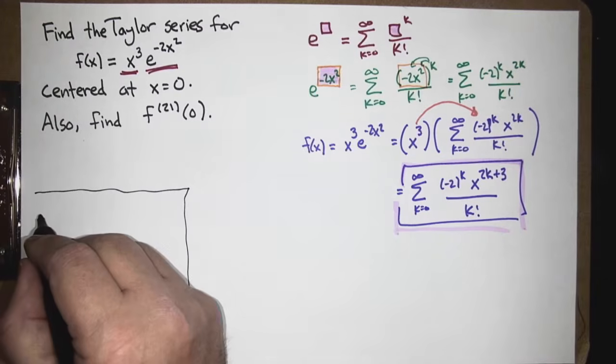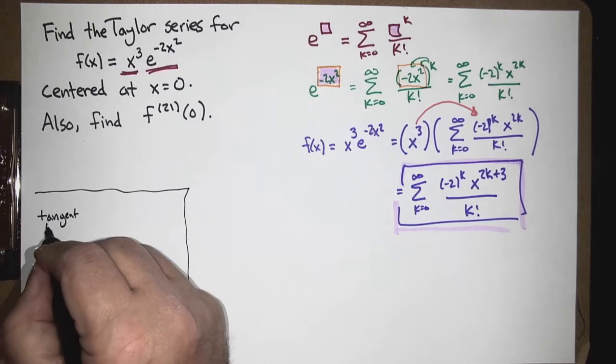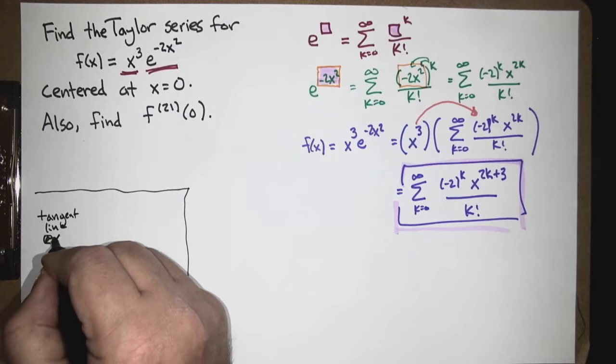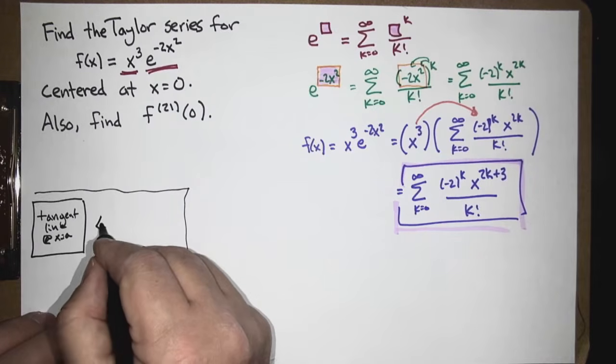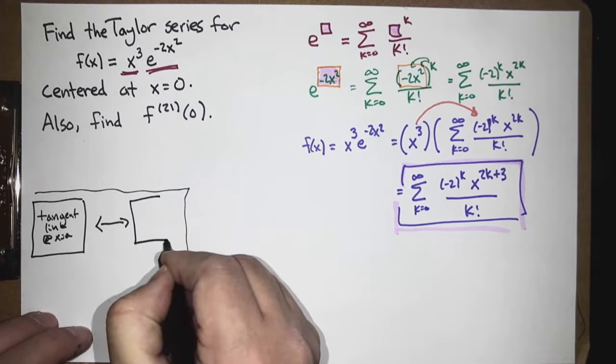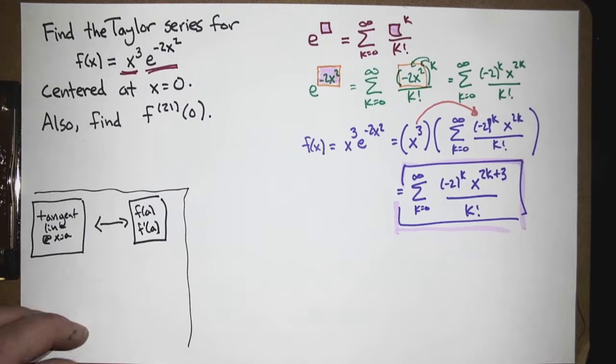One of the things we would talk about: if I have a tangent line at x equals a, what I really had was f at a and f prime at a. So somehow the tangent line stored information about the value of the function and the value of the derivative. If I had a tangent line, I had these two pieces of information, and if I had these two pieces of information, I had a tangent line. That was Calc 1.